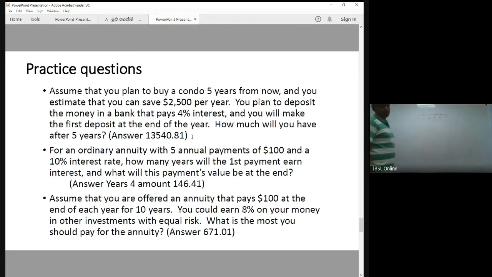You're buying a condo 5 years from now. You're going to save $2,500 every year. Payment for the next 5 years. Interest is 4%. You're making the first deposit at the end of the year.